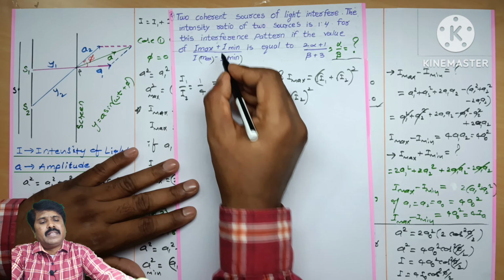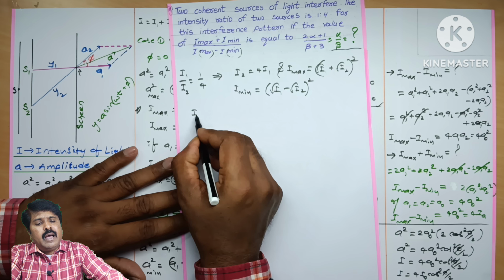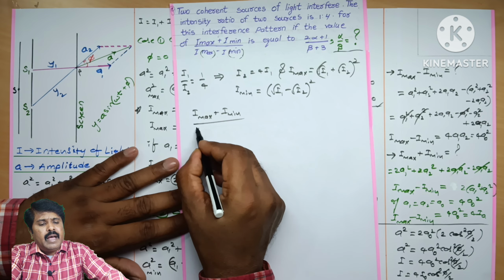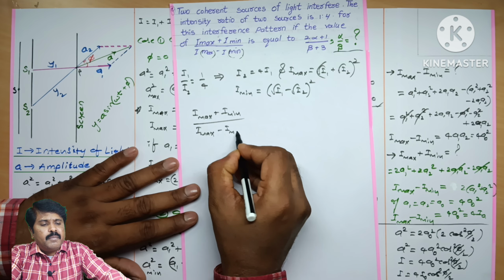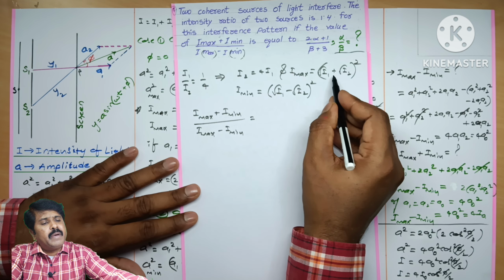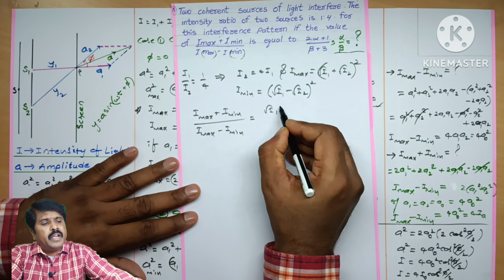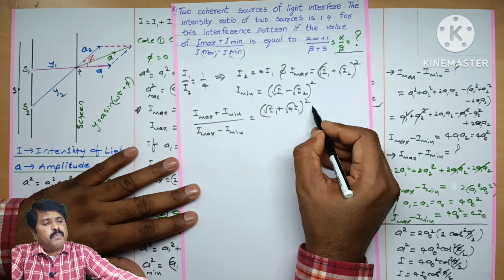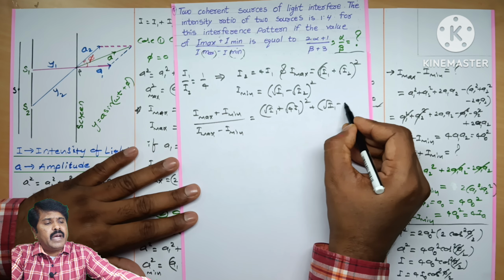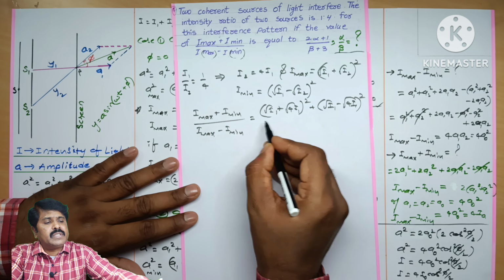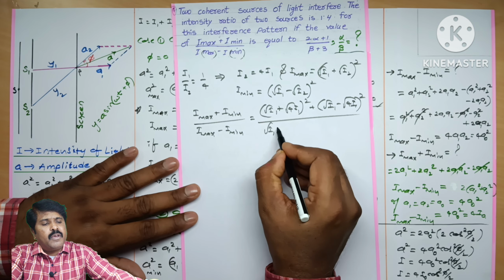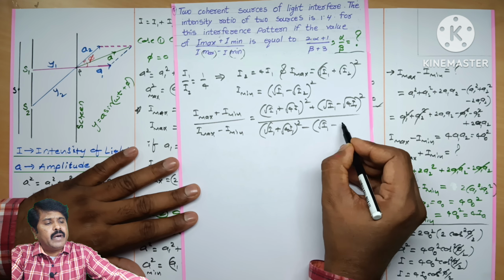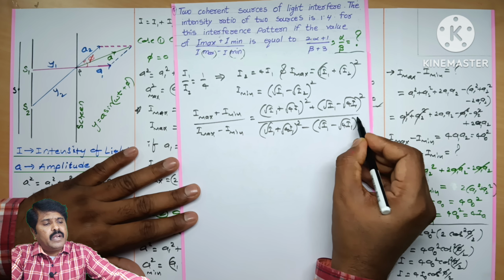So these values are replaced in this condition. The condition is (I max plus I minimum) divided by (I max minus I minimum), which is equal to I max value replaced: (root I1 plus root 4 I1) whole square, I2 replaced, plus (root I1 minus root 4 I1) whole square, denominator (root I1 plus root 4 I1) whole square minus (root I1 minus root 4 I1) whole square.